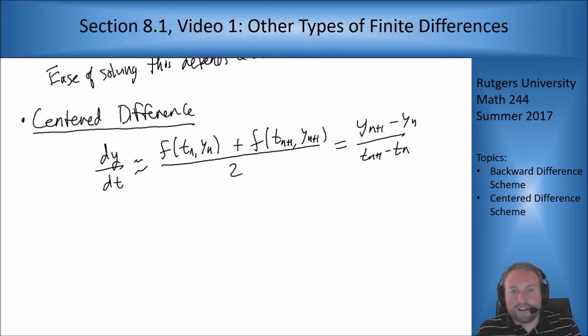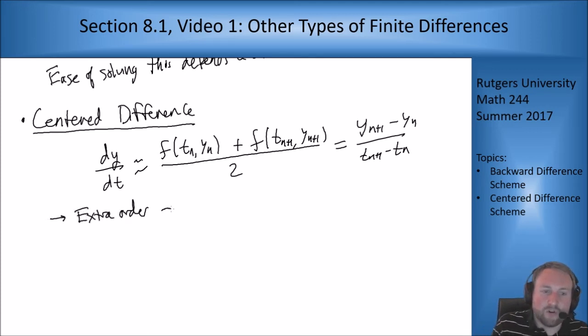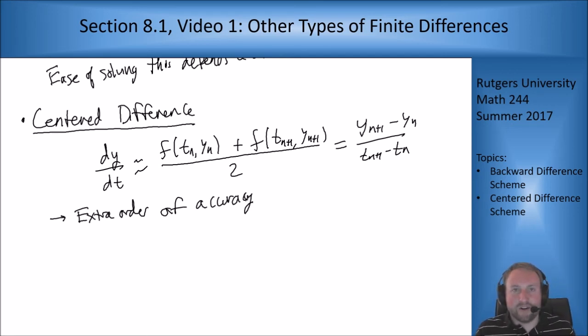This one looks a lot more complicated, but what you'll see if you actually do all the calculations out is this actually gives you an extra order of accuracy. Now, what do I mean by order? That will be the content of the next video. But this is an extra order of accuracy the same way that doing a centered approximation gives you an extra order of accuracy when doing any sort of difference approximation like this.